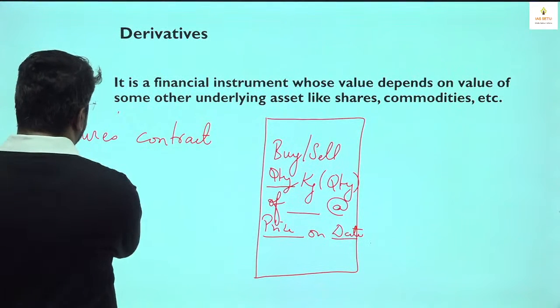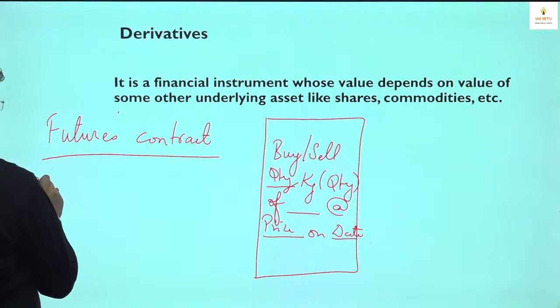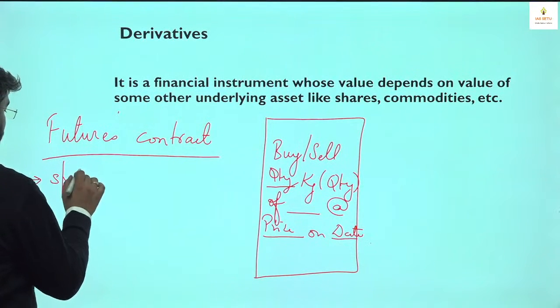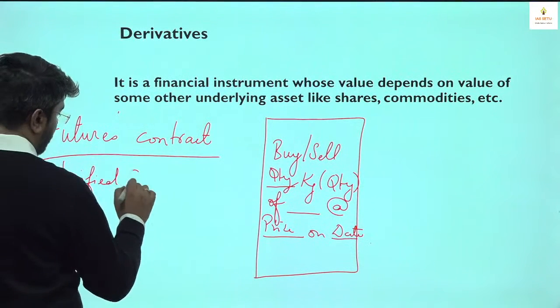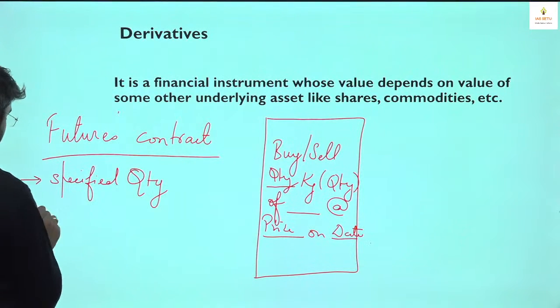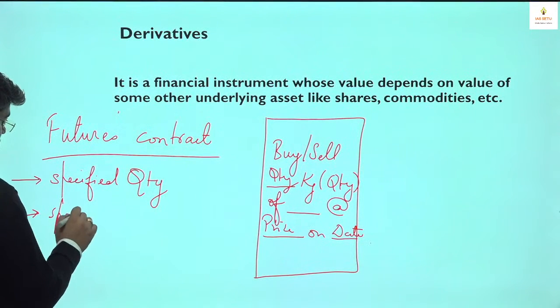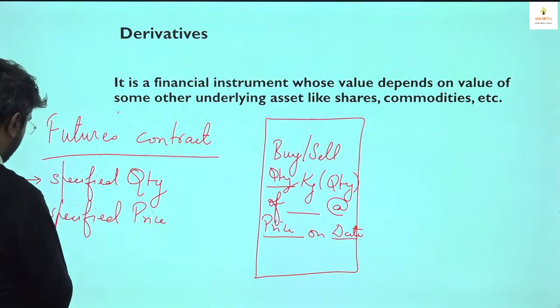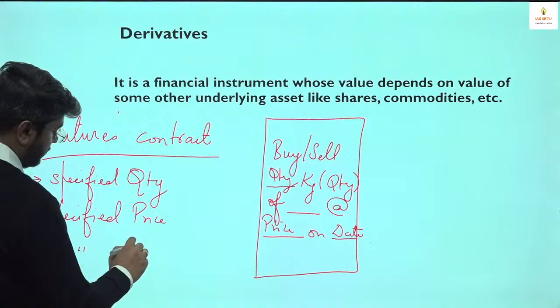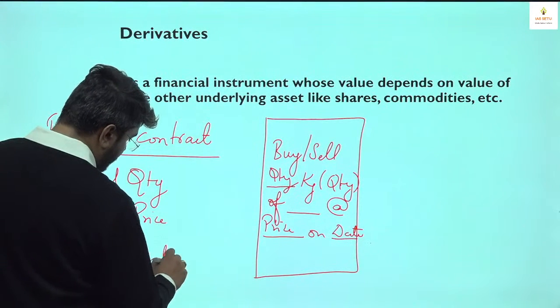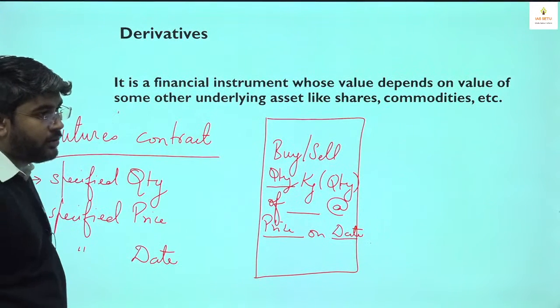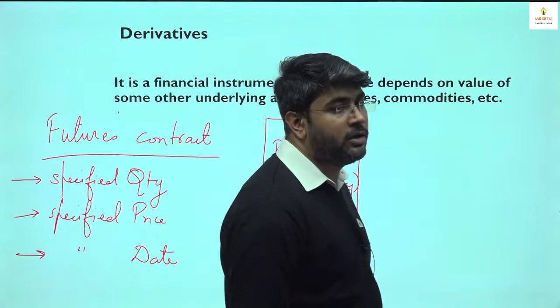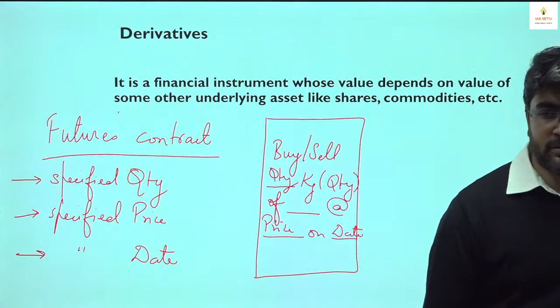So futures contract will basically have three things. It will have a specified quantity, it will have a specified price, and third thing, it will have specified date. And this date majorly is going to be a futuristic date.